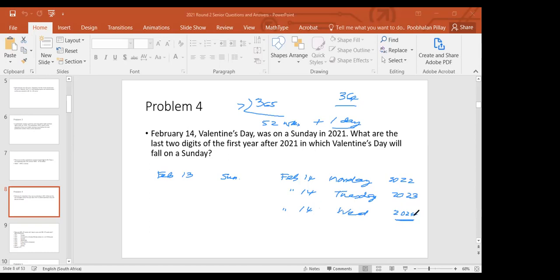And this year, February has got 29 days. So when you come to the 28th of February, you're adding 1 extra day. So 366 days later will be February 14th. So let's just see what happens.